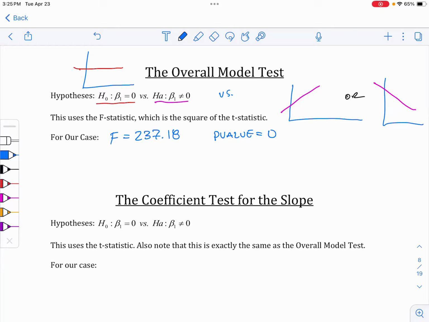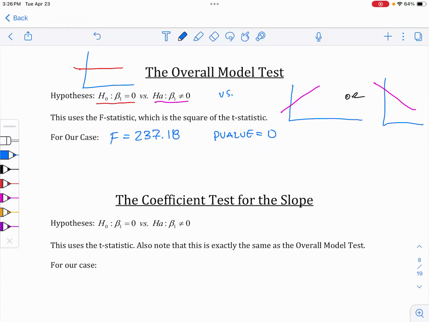The F statistic is just the square of the T statistic. And so the T statistic for the slope, we're going to have multiple T stats here, so we've got to make sure we pick the right one. So with a p-value of 0, reject or fail to reject H0? Got your rule?